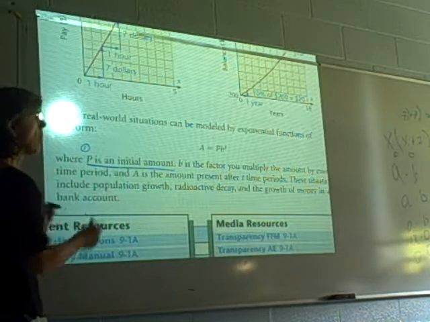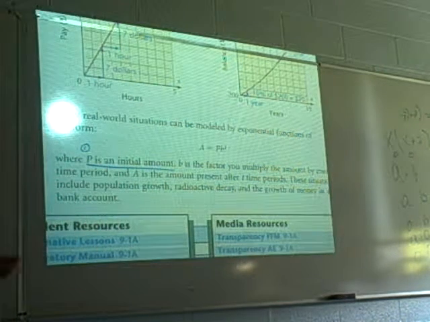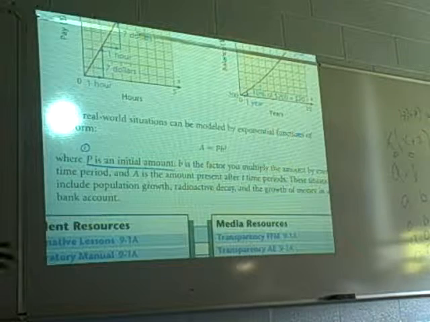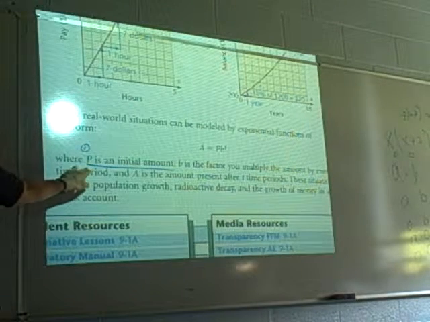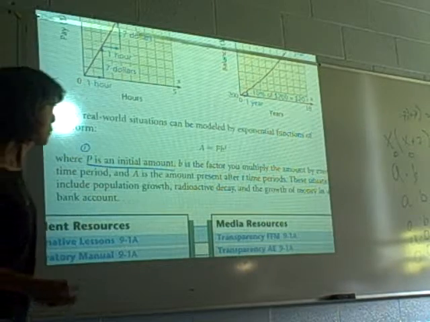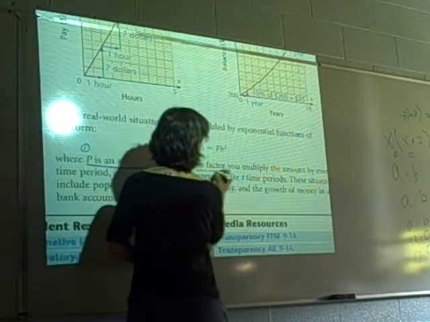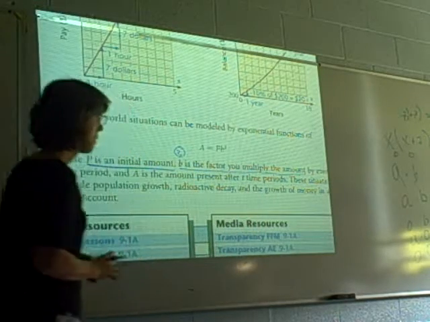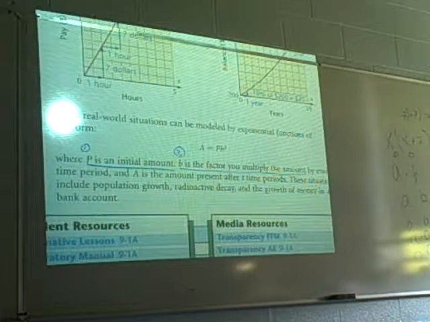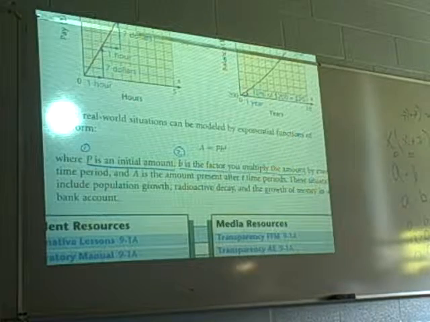So we're looking for A equals P times B raised to the T. P is the initial amount, something that we're starting with. B is the base that you're multiplying by over time.